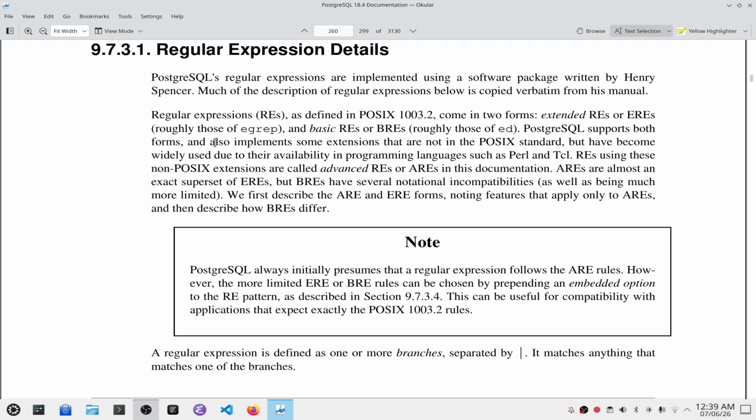PostgreSQL supports both forms and also implements some extensions that are not in the POSIX standard, but have become widely used due to their availability in programming languages such as Perl and Tcl. REs using these non-POSIX extensions are called advanced REs or AREs in this documentation. AREs are almost an exact superset of EREs, but BREs have several notational incompatibilities as well as being much more limited. We first describe the ARE and ERE forms, noting features that apply only to AREs, and then describe how BREs differ.